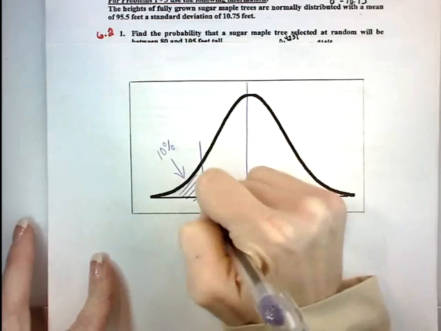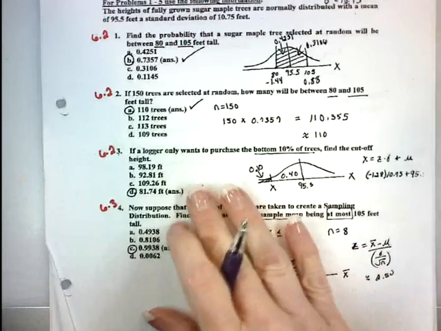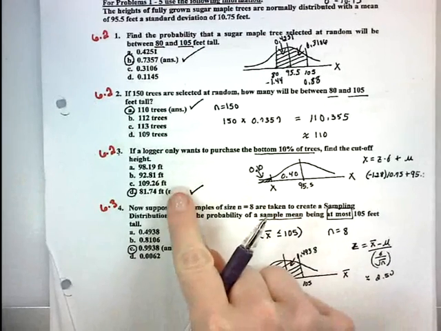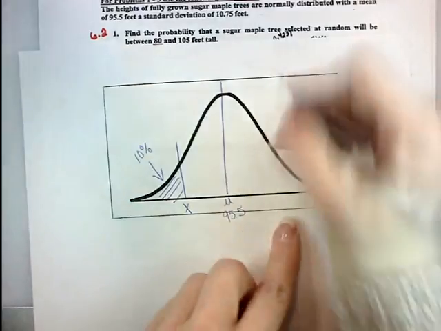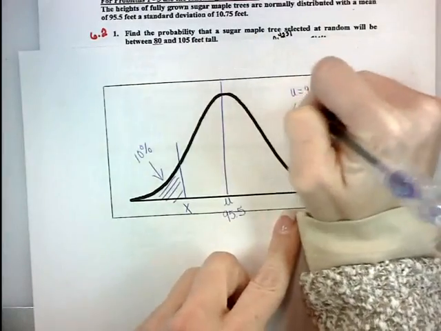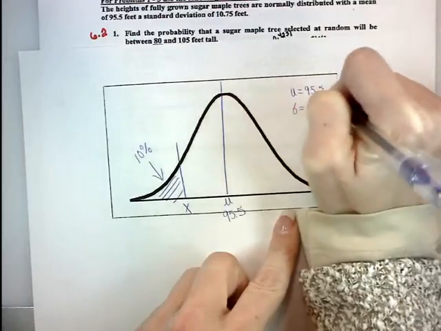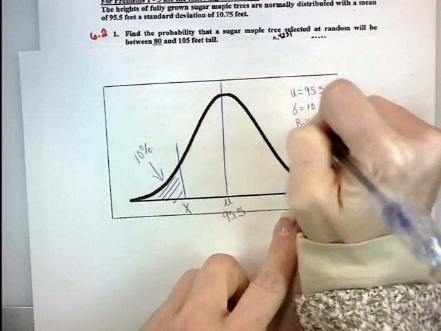So we want to find the cutoff height. So the picture for this one would be this. Again, the mean is 95.5. The standard deviation is 10.75. And the logger only wants the bottom 10%.